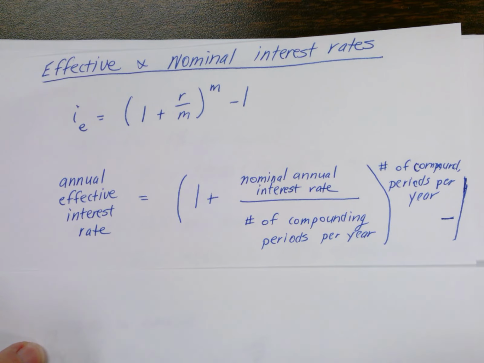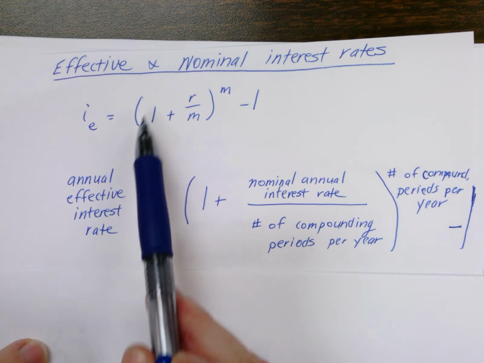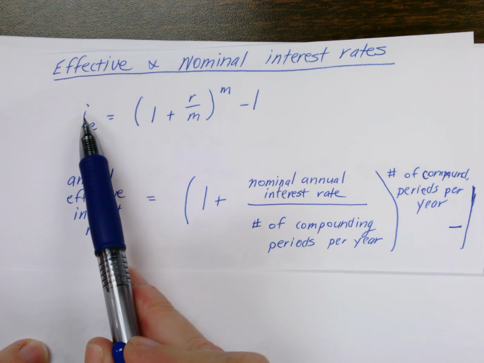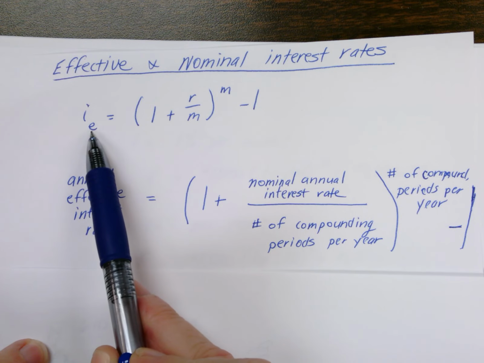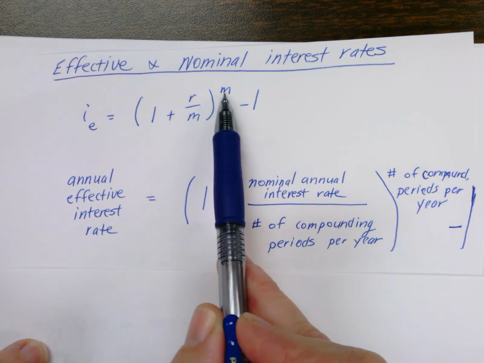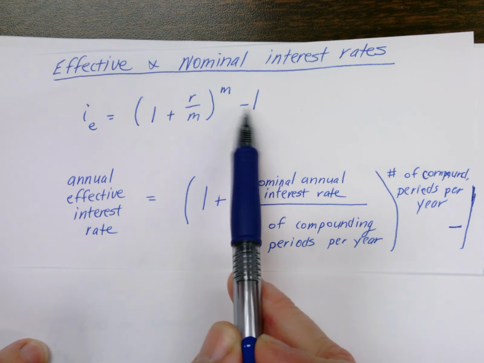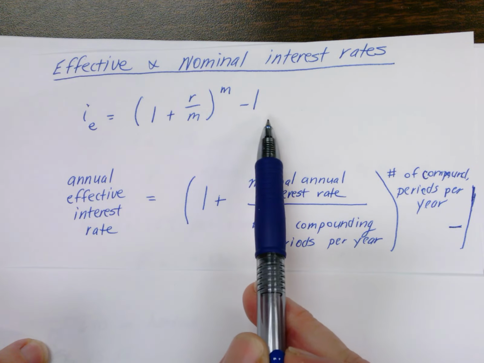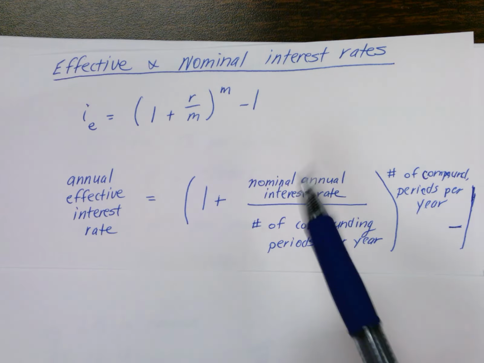Now let's look at the formula to flip-flop between these two, effective and nominal interest rates. I subscript E, the effective annual interest rate, equals (1 plus R divided by M) to the Mth exponent, and then minus 1 to get it back into just a percentage interest rate. So what does that mean?